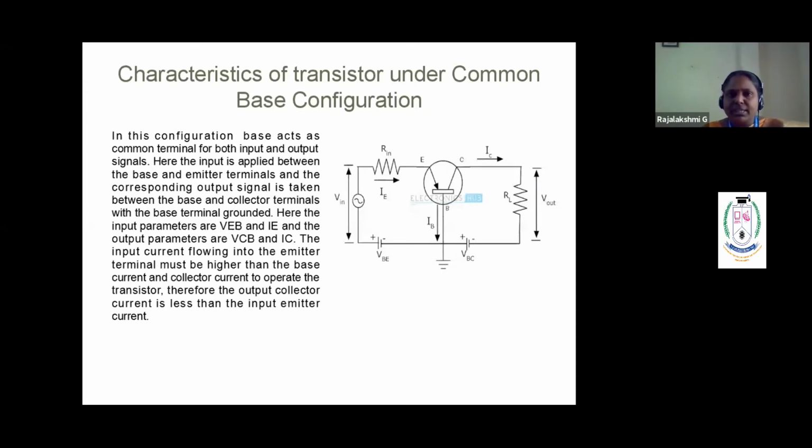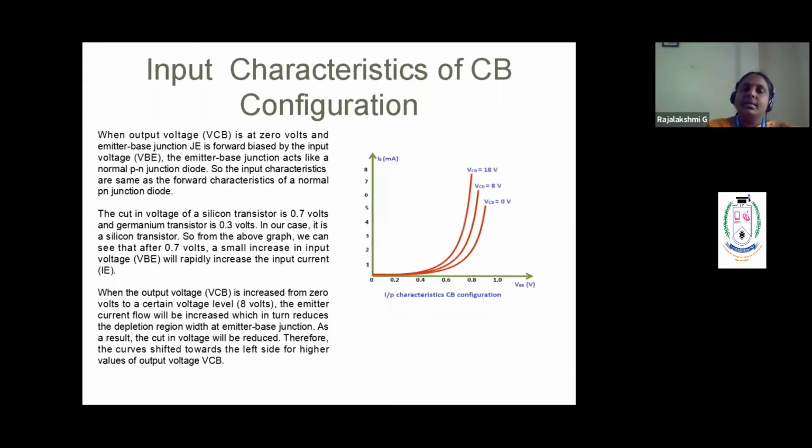So next, let us see how to study the input characteristics of the CB configuration. Once you connect the circuit with all the resistors and are given the input biasing, that is forward bias and reverse bias, how will you study the characteristics of the CB configuration? When you want to study the input characteristics, I'll go back to the diagram.